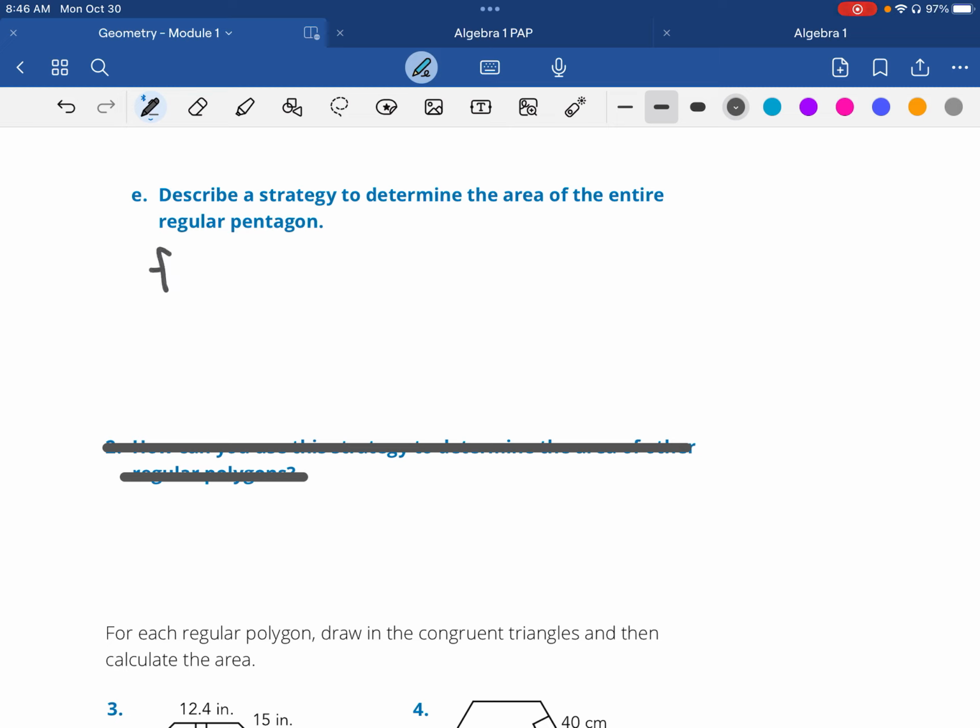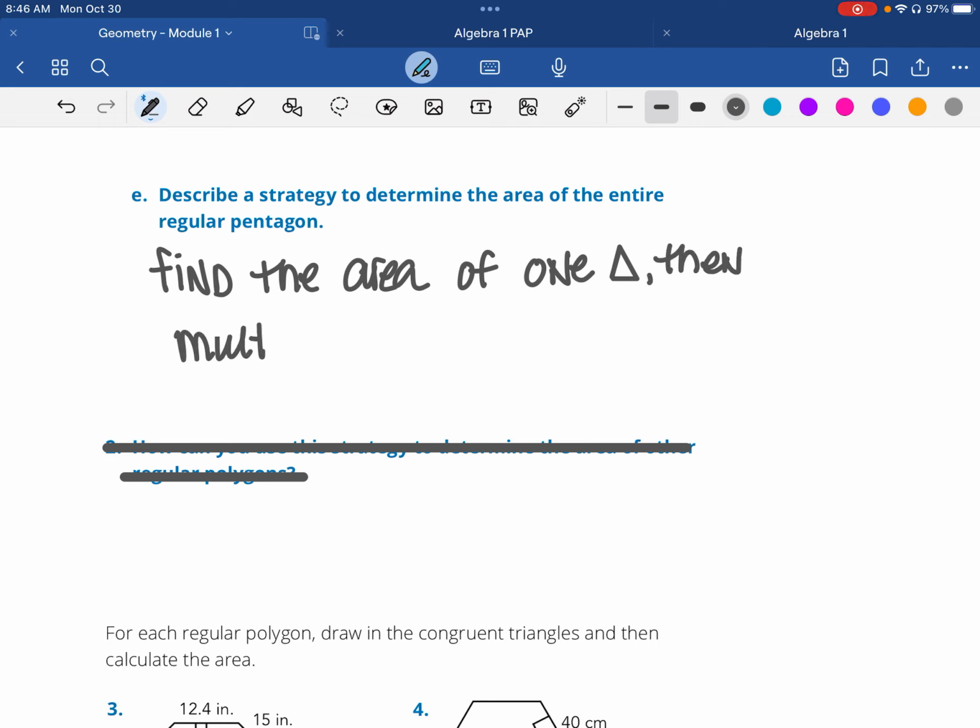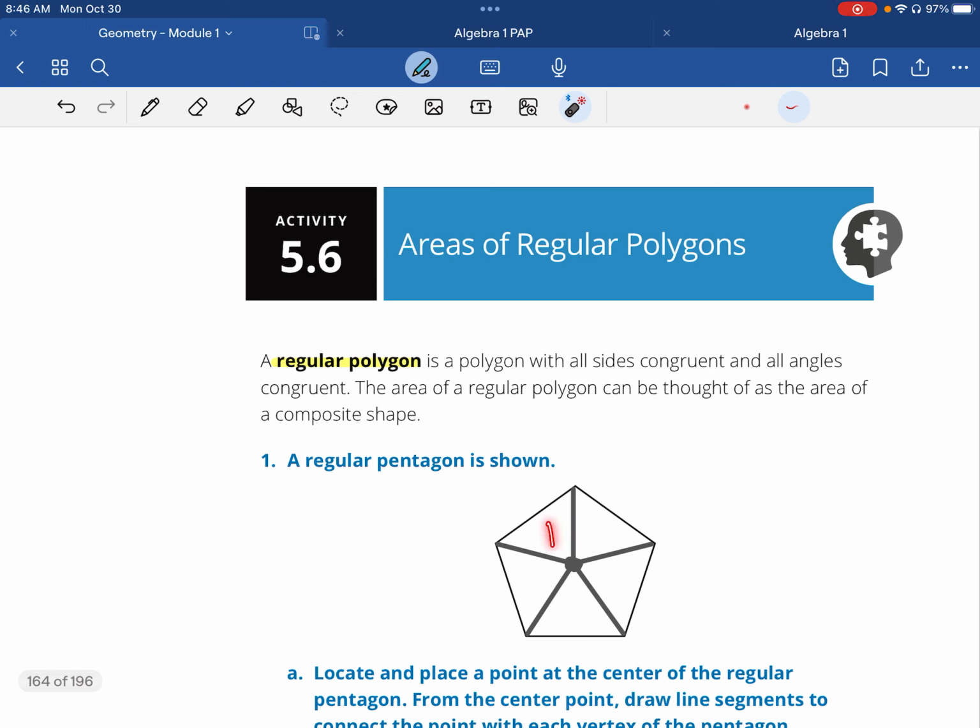Well, I could simply find the area of one triangle, then multiply it by 5 because there are 5 inside. Let me switch back really quick to the picture. There are 1, 2, 3, 4, 5 triangles inside, so I would multiply by 5.